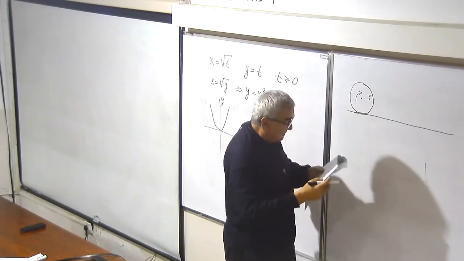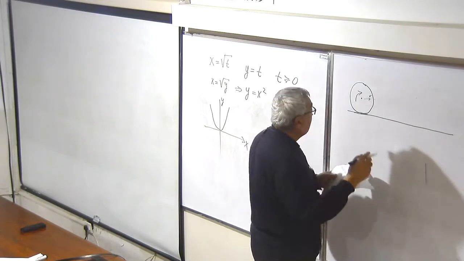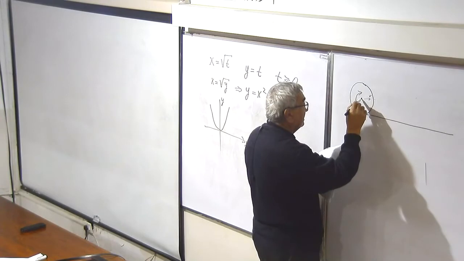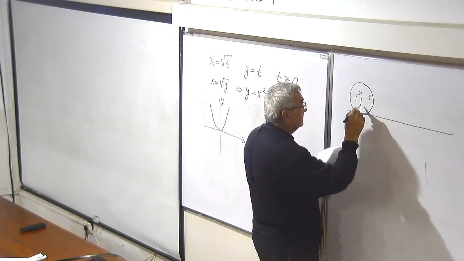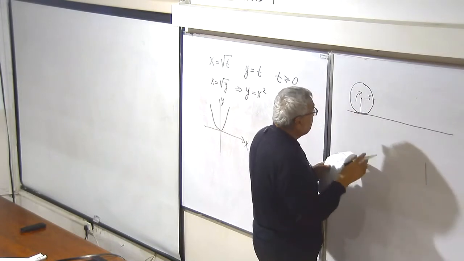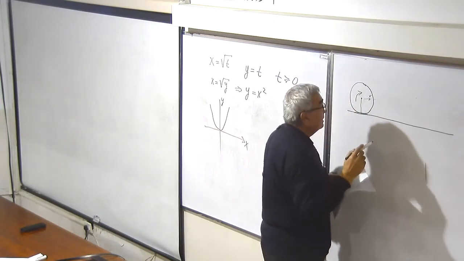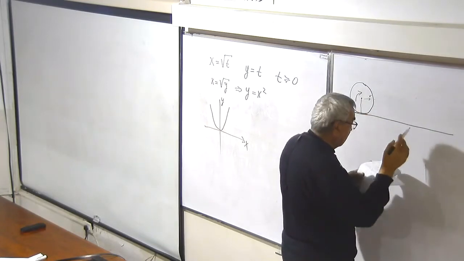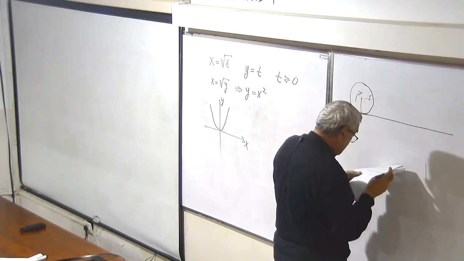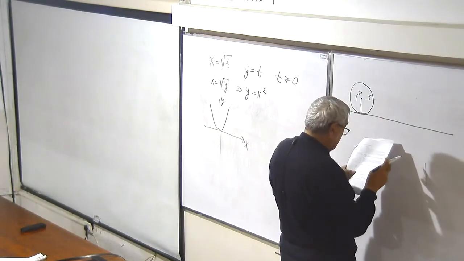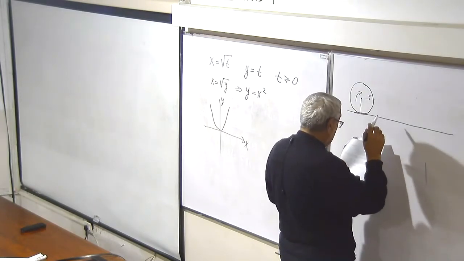Now, after some time, to find the position, it is necessary to consider this. I will take some radius, which is equal to 1. Radius 1, angular velocity also equal to 1. And so I can write the motions of the particles.